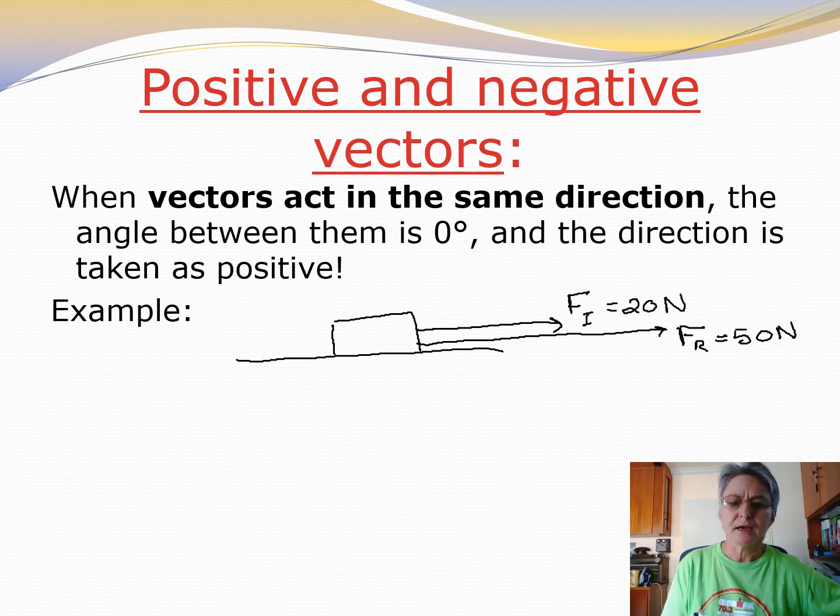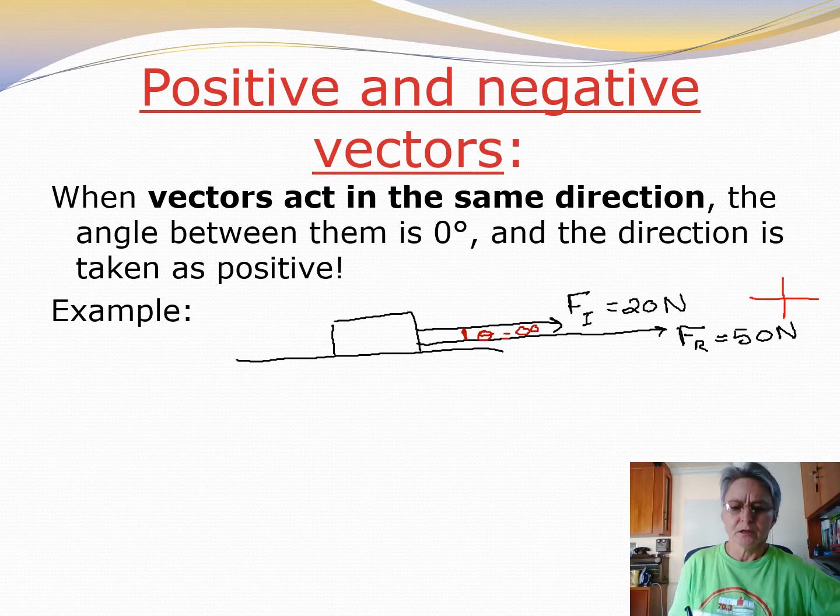So the angle between these forces, that angle theta there, is 0 degrees. Now when the forces are acting in the same direction, we choose that direction as the positive direction.